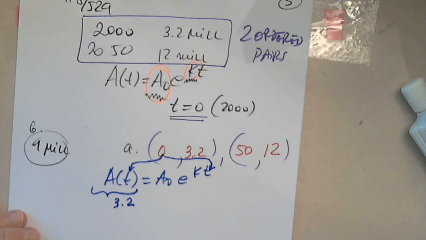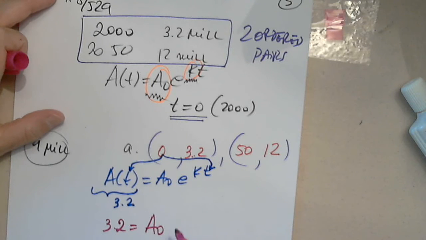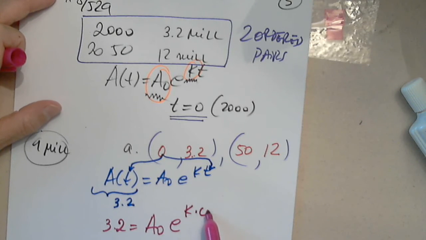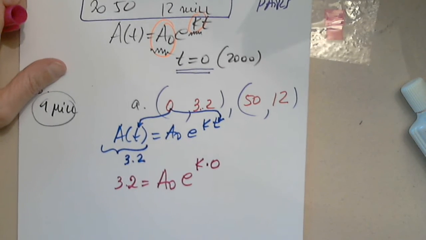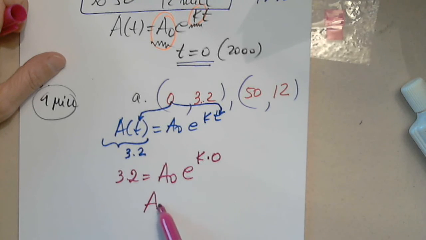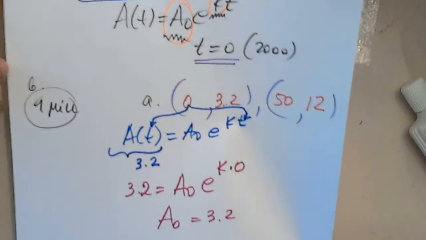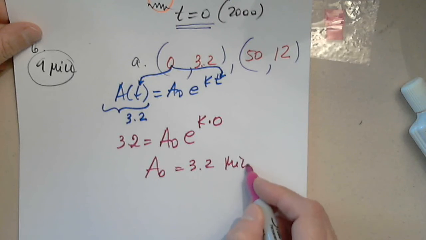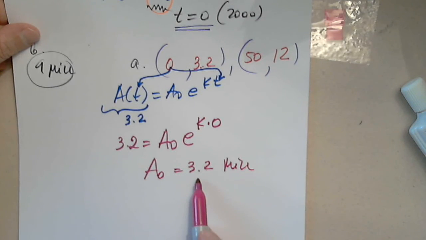So then 3.2 equals A0 e to k multiplied by 0. But k times 0 is 0, e to 0 is 1. So as we kind of knew, right, from the very beginning, the initial population is 3.2.